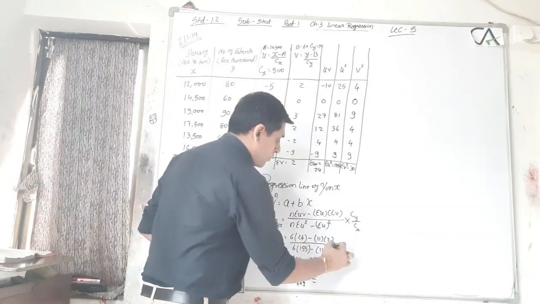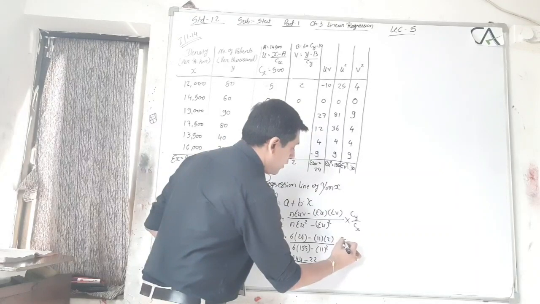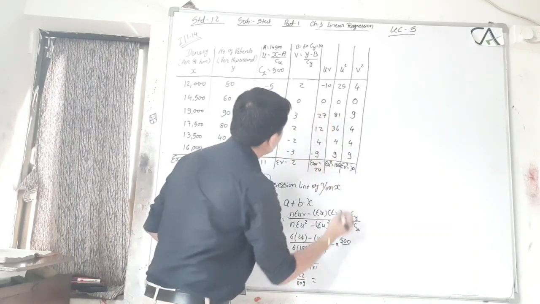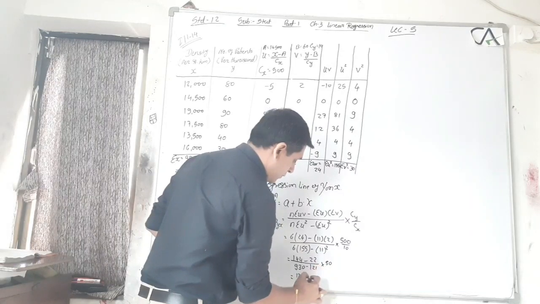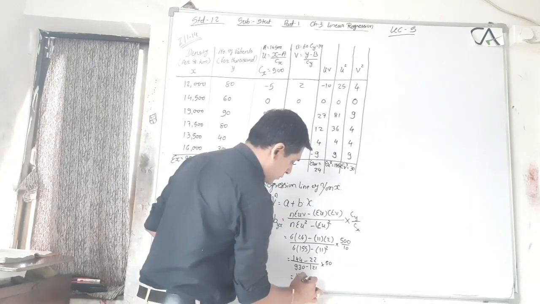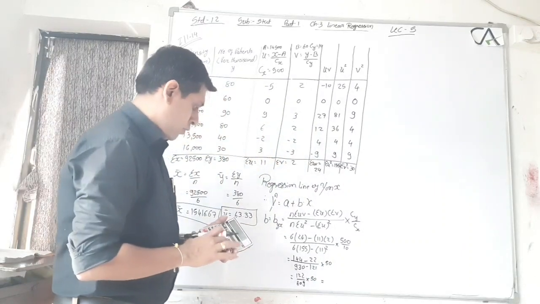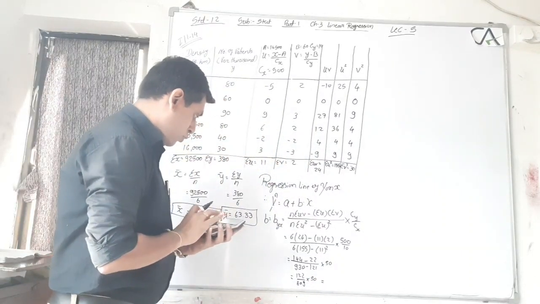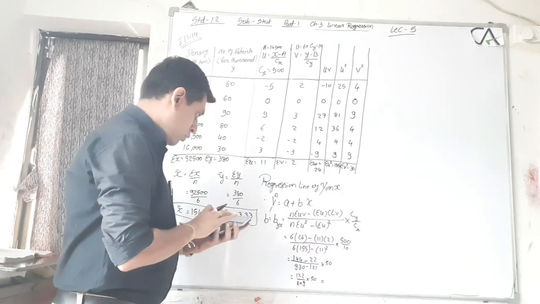See, we forgot to write down cy, that is 500 upon cx, that is 10. So we have to multiply 50. So calculate 122 into 50 divided by 809.